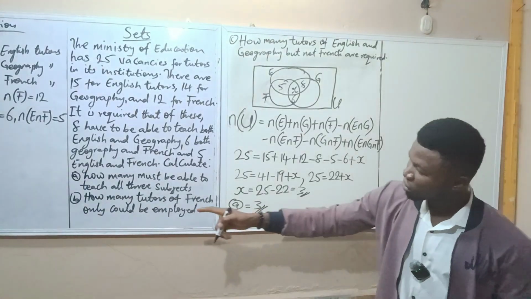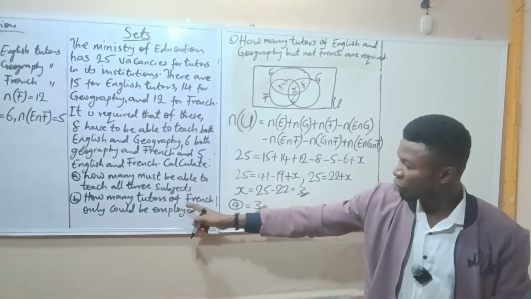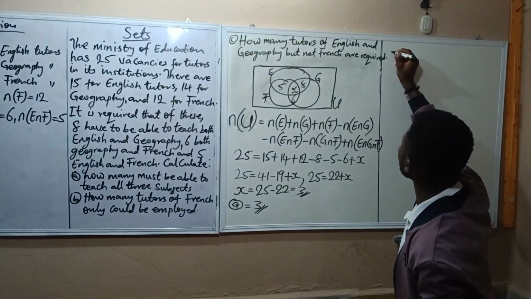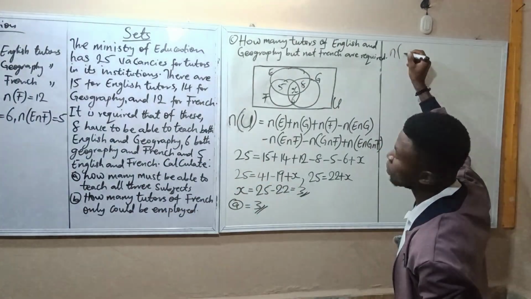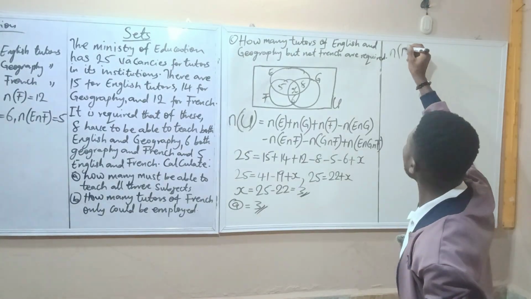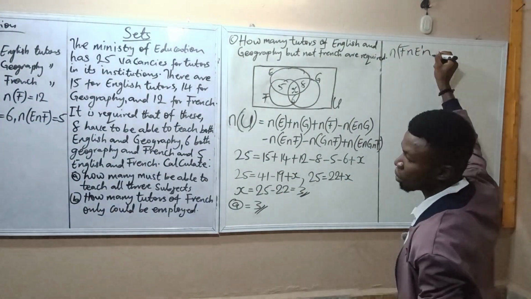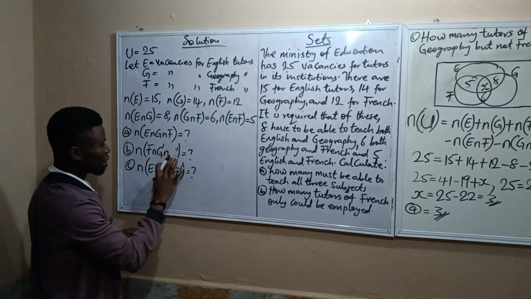Now, B says, how many tutors of French only could be employed? We have to get number of F intersection E prime intersection G prime. This is E prime, not F prime.